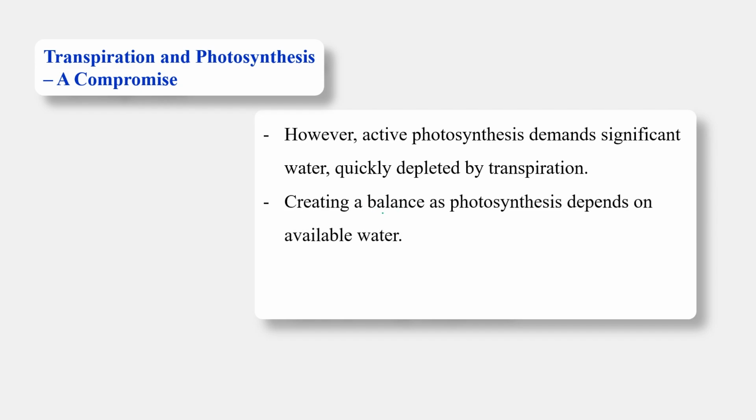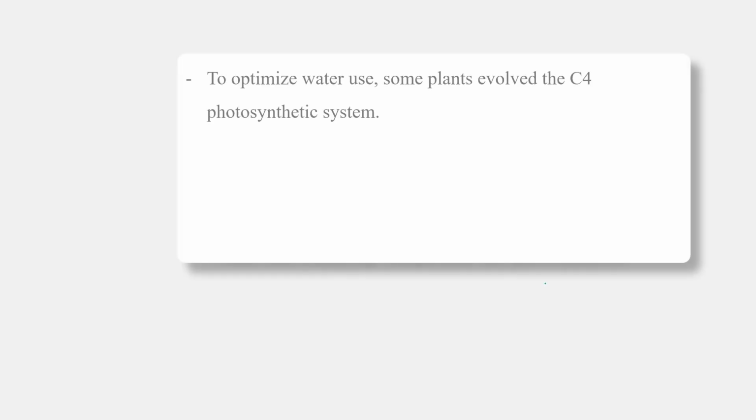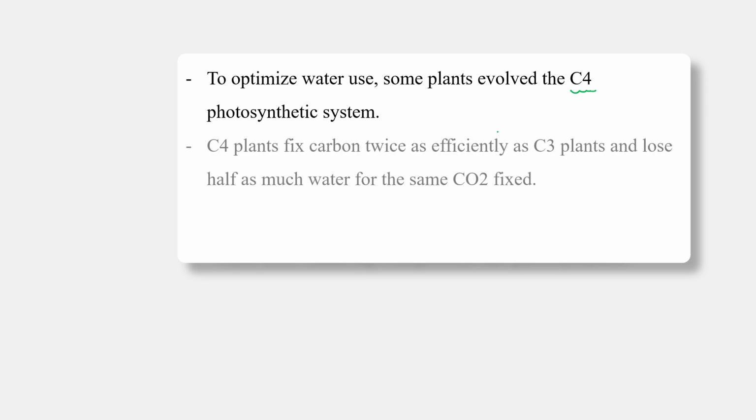And this creates a balance between transpiration and photosynthesis, which depends on the availability of water. In rainforests, humidity results from the extensive water cycle involving transpiration. Clear?